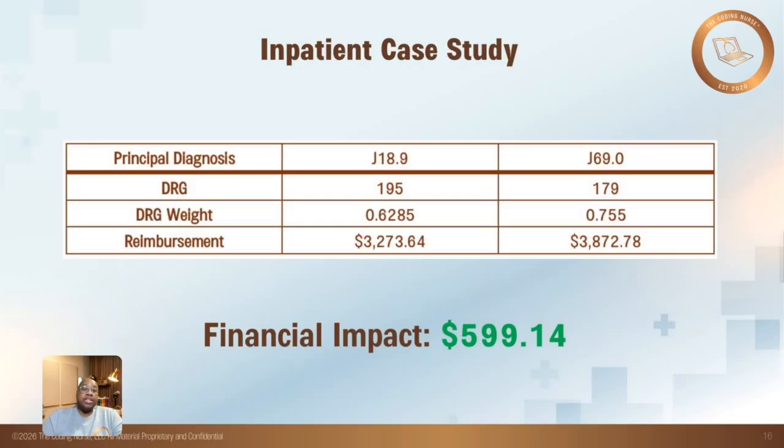So by sending a query, and if the provider says that this person did have aspiration pneumonia, which they did meet clinical criteria for, you have increased the reimbursement for this hospital by $599.14. And this is just because it's without a CC or MCC. If there were an MCC on this case, that financial impact would have been more.